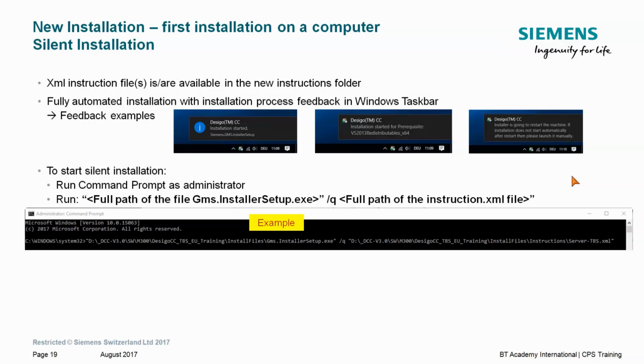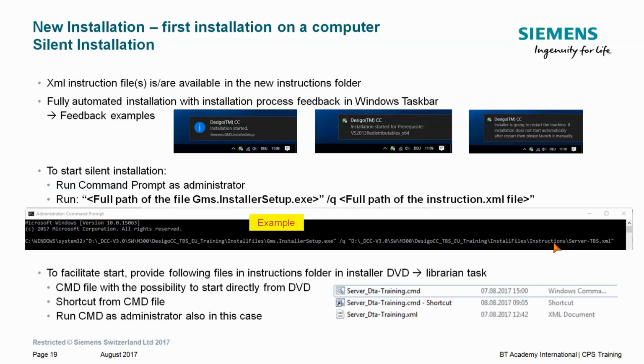We need to run it as an administrator, and then we need to run a command, which is located in the instructions folder. This process of how to start the silent installation can be facilitated.